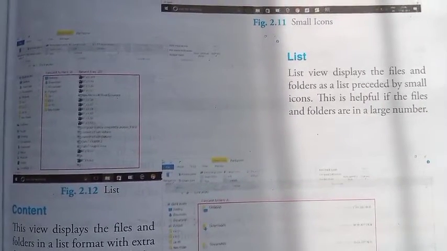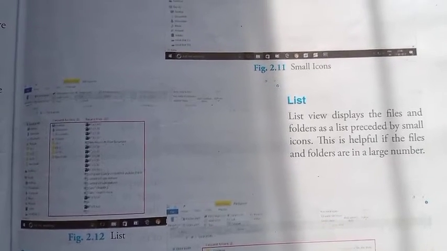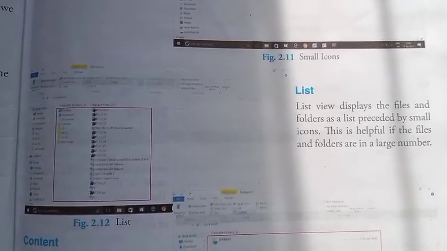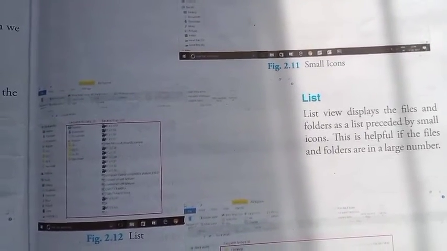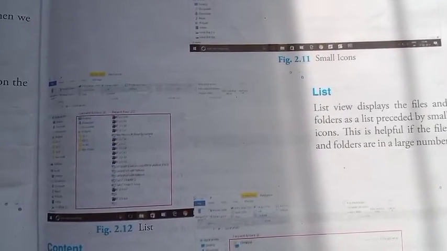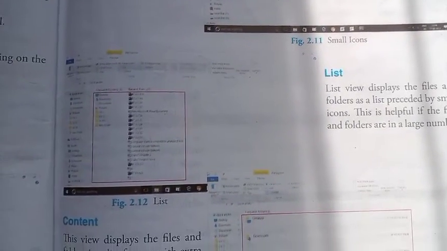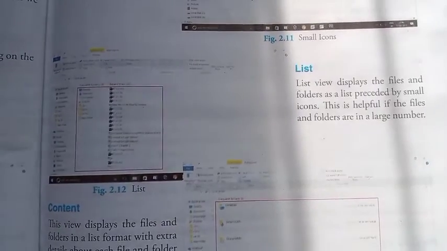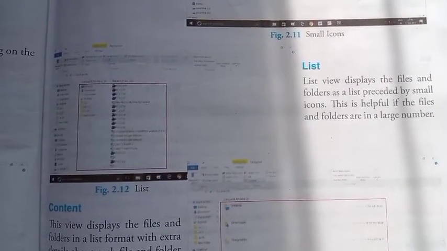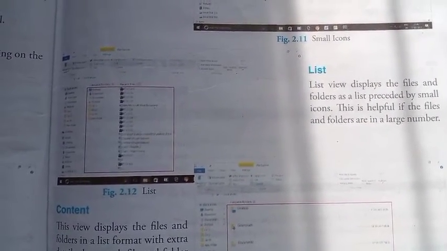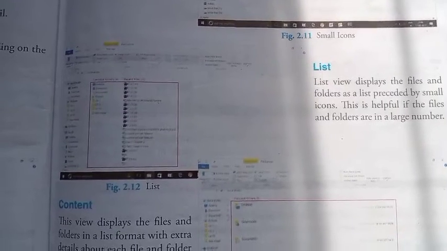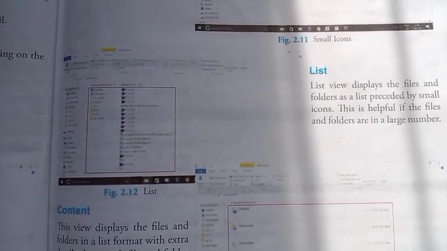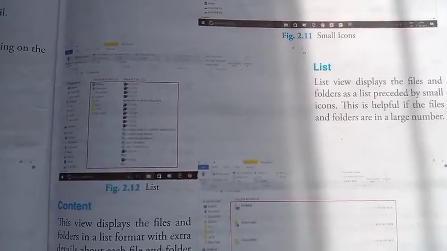This helps if the files and folders are in large number. Large number means whenever you have so many folders or files in your data, you make a list view, which displays the files and folders as a list preceded by small icons.